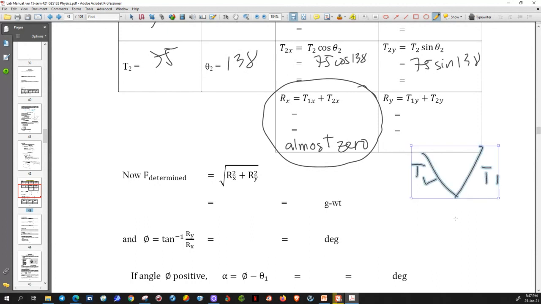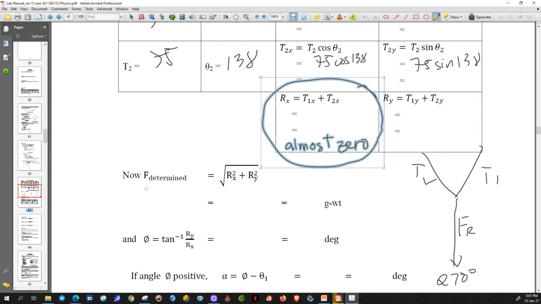The unknown mass is actually hanging in the center. This is your FR. Look at the direction of FR, downwards. Downwards means 270 degrees. What is the X component of 270 degrees? In this case, it's actually 0. Clear? But by calculation, you will get almost 0.